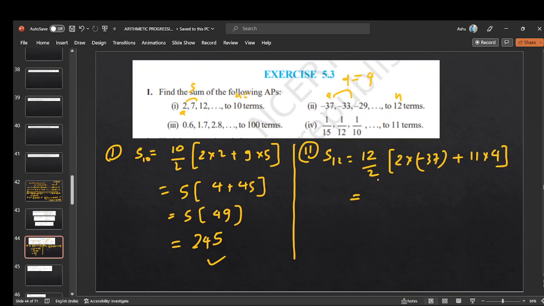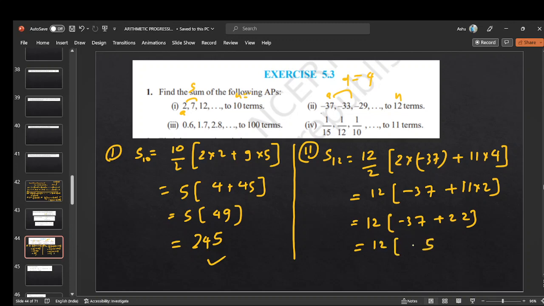We solve it. Now 2 cancels out, then it will be 6 into minus 37 plus 11 into 4, and then we get the answer. That is the answer. Clear?